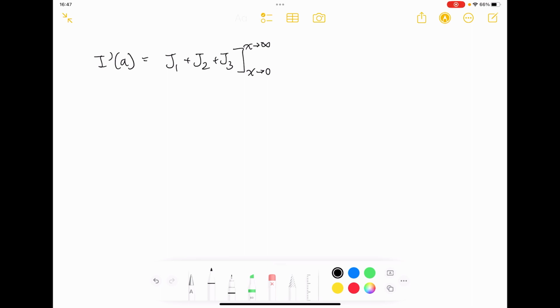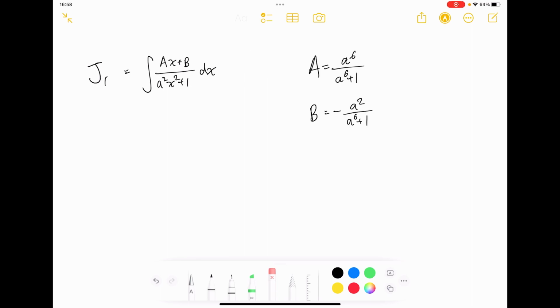Yeah, let's do it. So we shall begin with J1, and J1 is not bad at all. First thing we're going to do is substitute A and B into the integrand. But we are also going to notice that A and B have a common factor of a squared over a^6 plus 1.